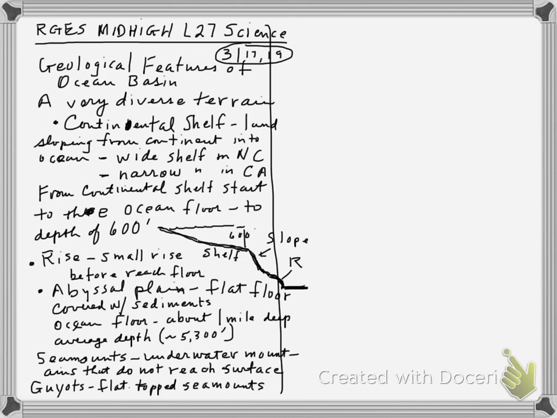They think that it really is an occurrence perhaps when the ocean level was lower and the ocean eroded the top of a seamount and made it flat. And then the water level rose, and you have this guyot that's underwater.